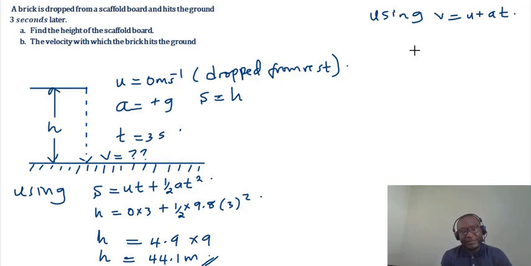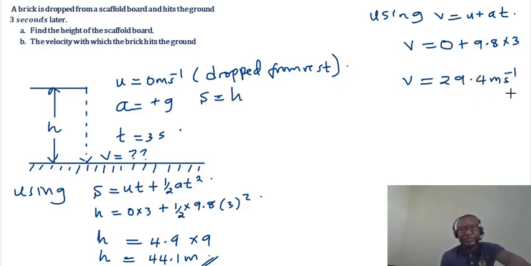We need to find v, so we have v being equal to initial velocity is 0 plus our acceleration is 9.8 times the time taken, which is 3 seconds. So when we work this out, 9.8 times 3, we get 29.4 meters per second. So this is the velocity with which the brick hits the ground.